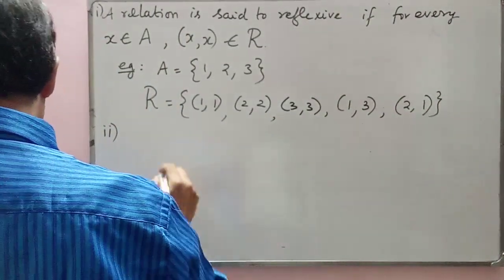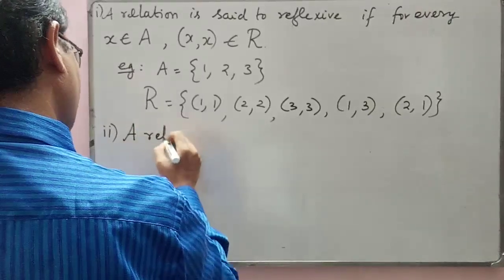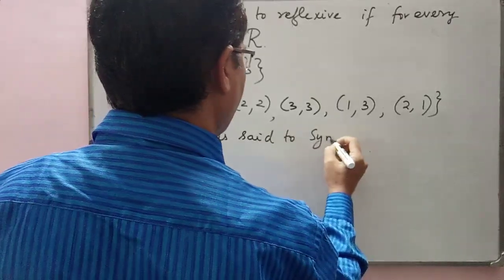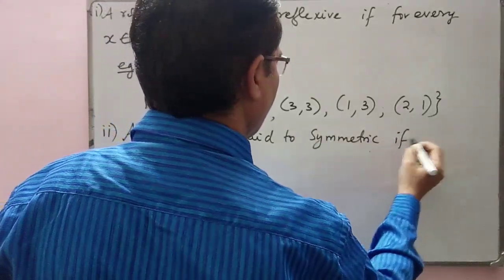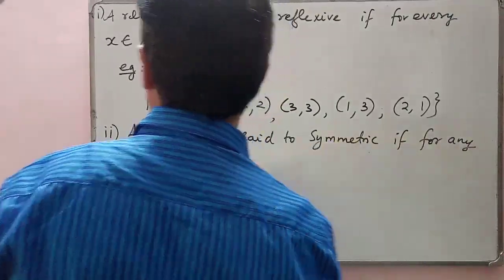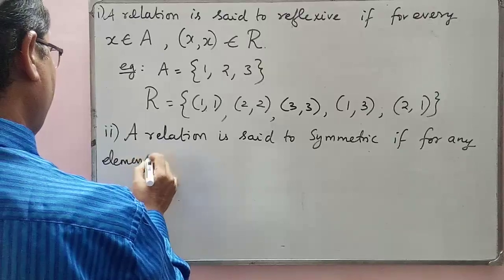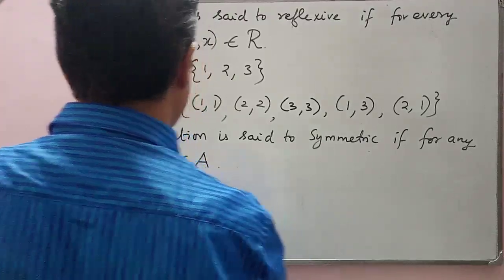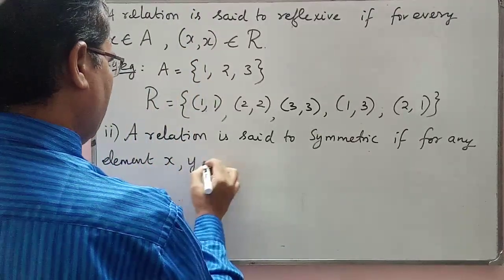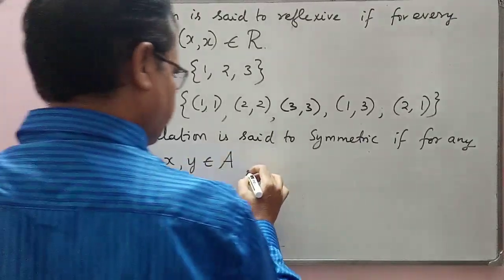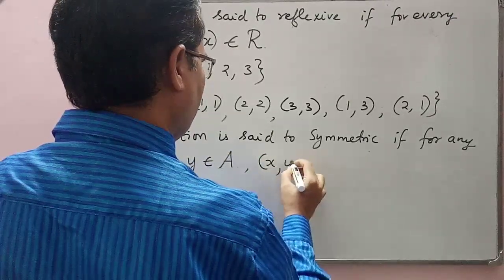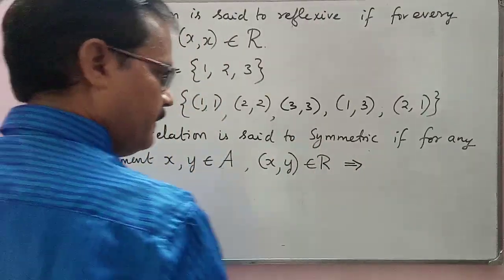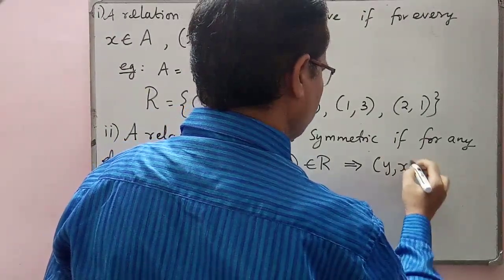Now, a relation is said to be symmetric if for any element x, y belongs to a set A, then x comma y belongs to R implies y comma x should be there in R.